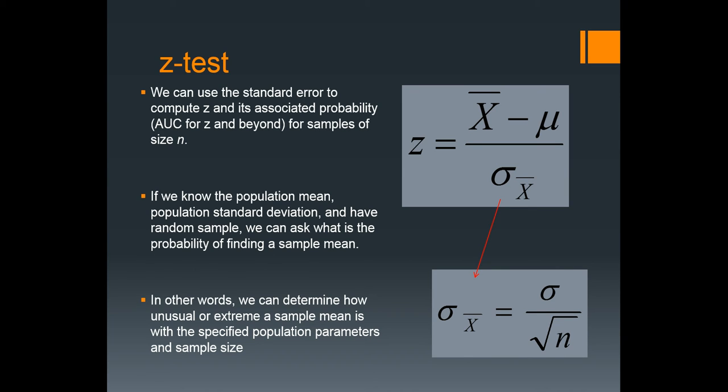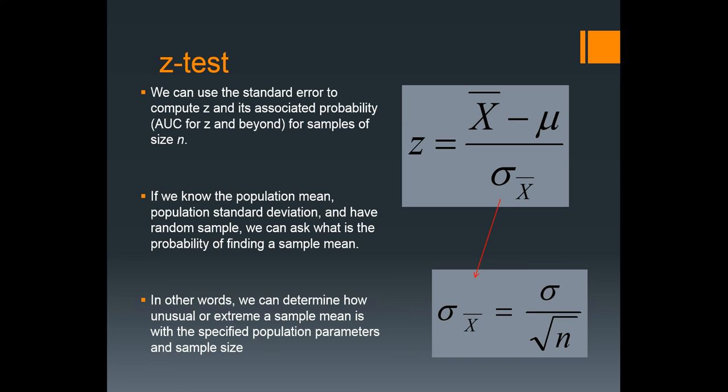Alright, so this brings us to our very first hypothesis test, statistical hypothesis test, inferential hypothesis test. And we're going to continue to use, for now, the z distribution. So we can use the standard error to compute z. If you look at the formula here, instead of having the standard deviation in the denominator, we now have the standard error in the denominator. And remember, that's calculated by taking the population standard deviation divided by the square root of n.